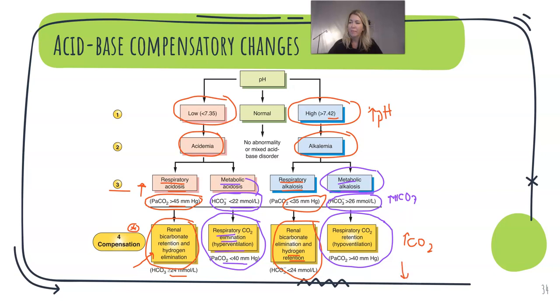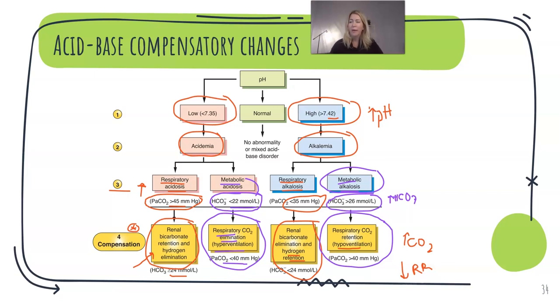Okay. Hopefully I didn't say that backwards. You want to increase your CO2 and decrease your rest rate, so hypoventilation. And again, a few key terms to remember. Hypocapnia means low CO2. Hypercapnia means high CO2.